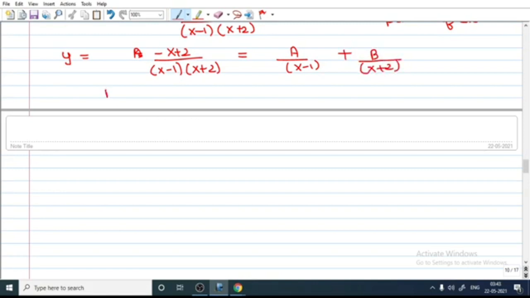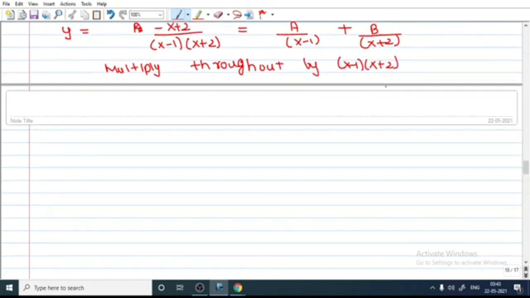After this, multiply throughout by x minus 1 into x plus 2. So if we do that, what are we getting? We are getting something like this: y equals a into x plus 2 plus b into x minus 1. Put x equals 1.